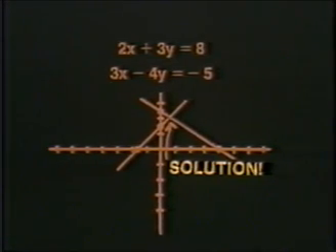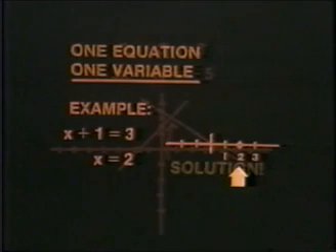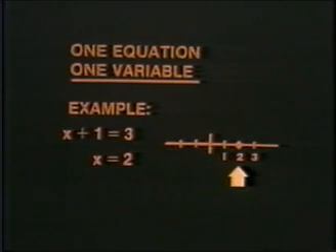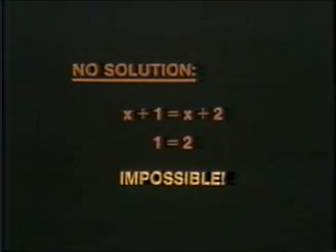But first, a quick review of all this business of equations and graphing right from the beginning. One equation in one variable usually gives us one solution, which we can locate exactly on a number line. It's possible, of course, to work out one equation with one variable and get no solution at all. Or we may get too many solutions.